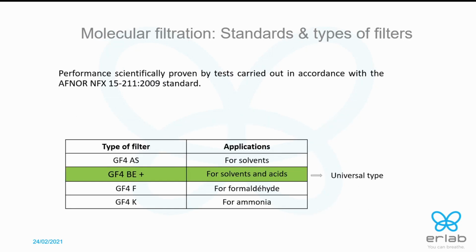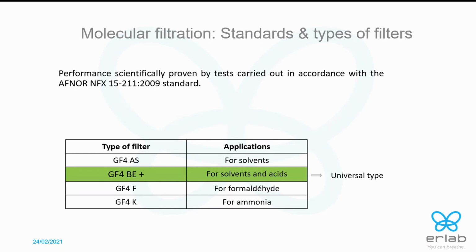So the molecular filtration, as you may guess, is regulated by different standards, because you need to make sure that the carbon itself corresponds to some specific criteria of performances. So there is this AFNOR NFX 15211 I will develop in the next slide.